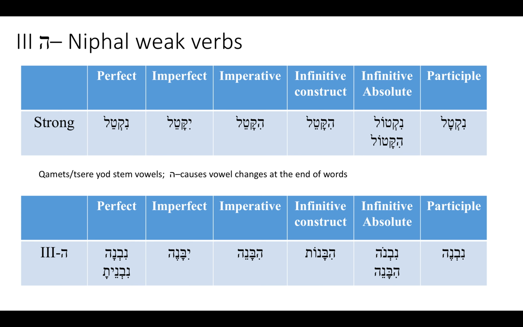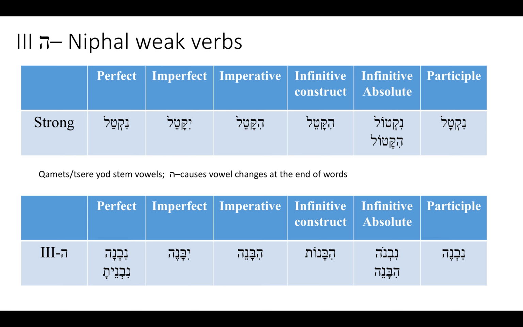But again, these maintain the main diagnostic of the Niphal, the nun prefix, and also in the imperfect, imperative, and infinitive construct forms, we have a preservation of the dagesh of the assimilated nun, as well as the qamets under the first root letter. So the main diagnostic features of the Niphal strong verb forms are maintained.